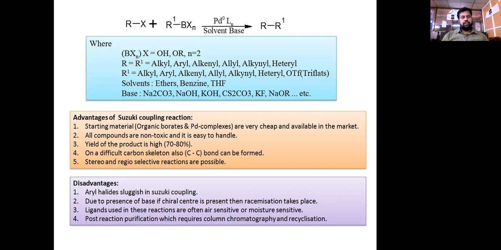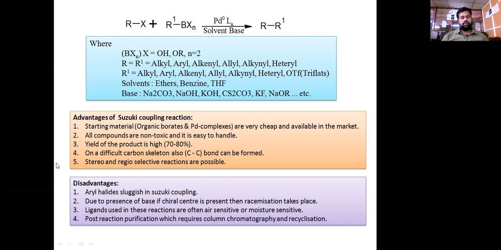Another one is that on a difficult carbon skeleton also we can establish a C-C bond. This C-C single bond can be formed on difficult skeleton positions also. Another advantage is that we can go with stereo- and regioselective reactions, which is also possible by using palladium catalyst.